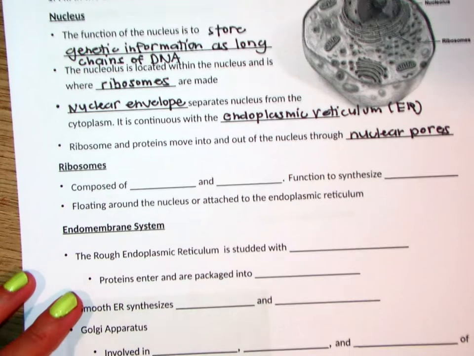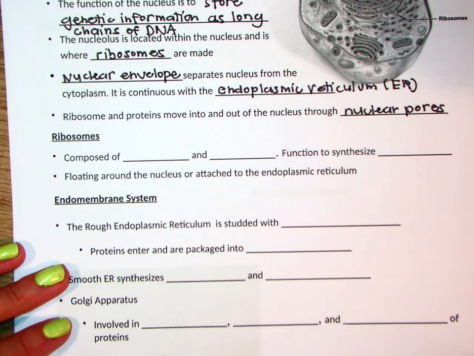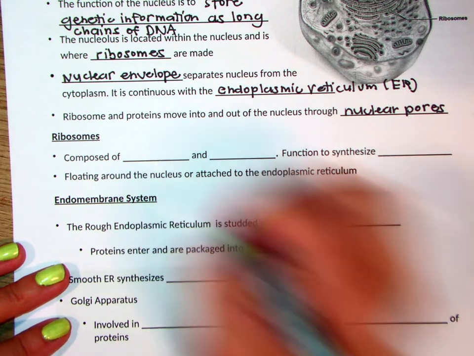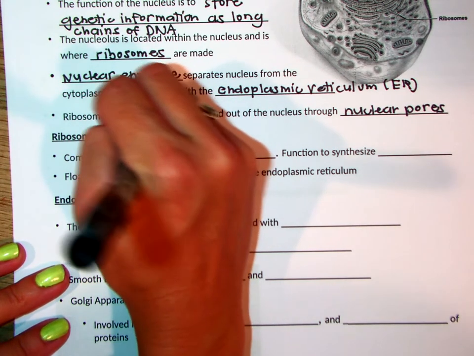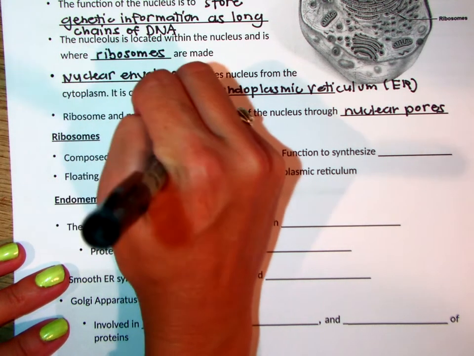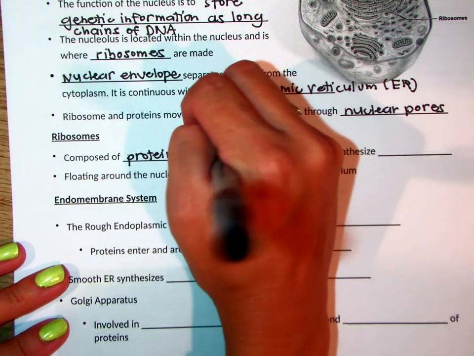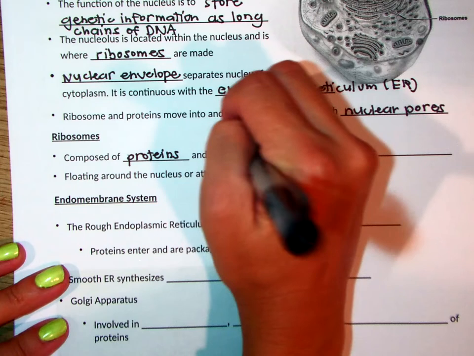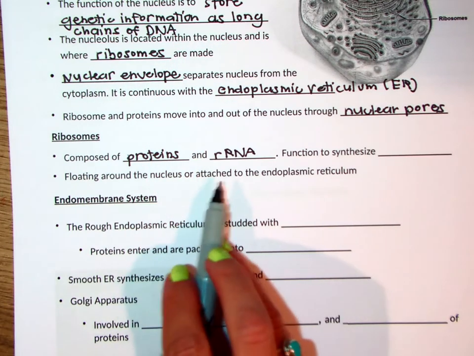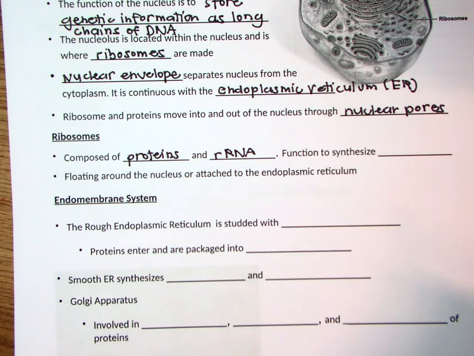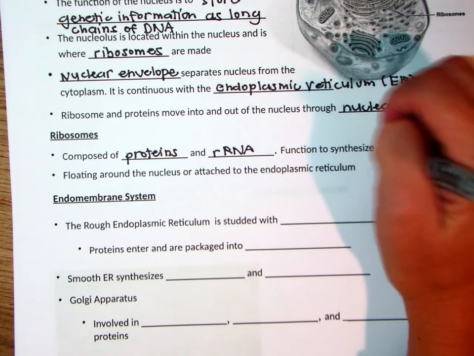Okay, so what are ribosomes? They are composed of proteins and rRNA. So ribosomal ribonucleic acid, one of the nucleic acids that we talked about in our macromolecules chapter, and its job is to synthesize proteins.